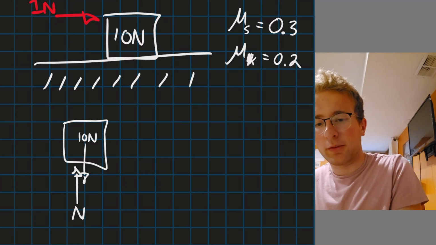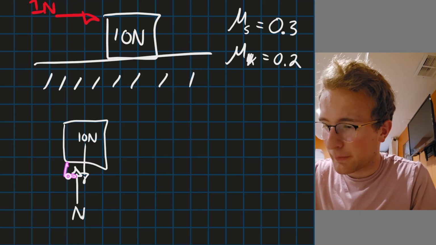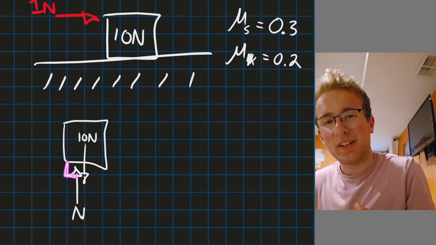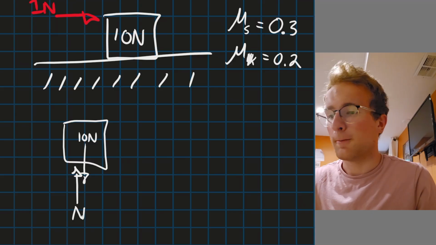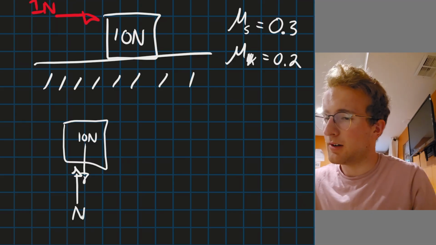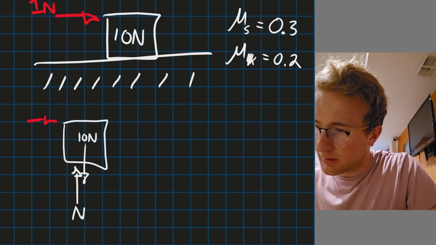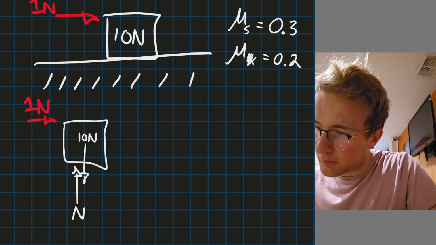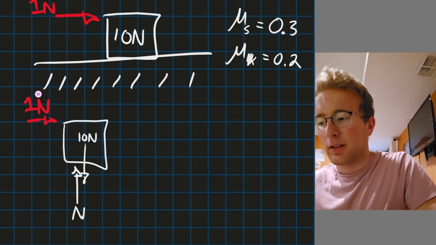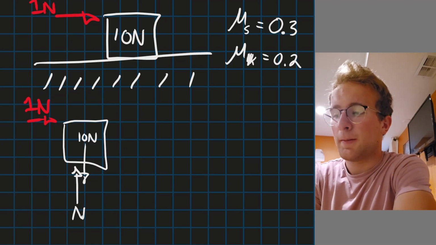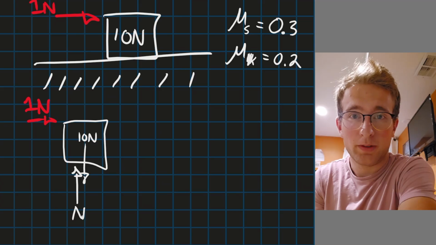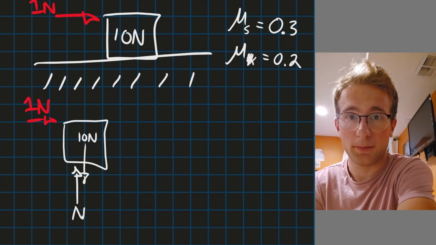I call that N. It's normal to the surface because that force is perpendicular to the surface where the force acts, right? We have our 1 newton to the right. If I sum the forces in the x direction, it's not going to be 0. It can't be 0.